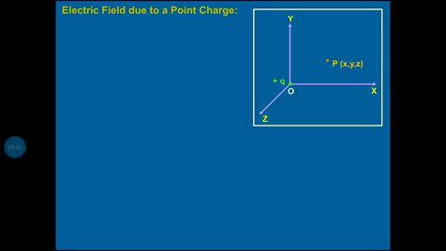Now the point P resides at an XYZ point, and plus Q0, the test charge, is on the point P. If the distance between these two charges Q and Q0 is R, then R is the position vector of Q0.